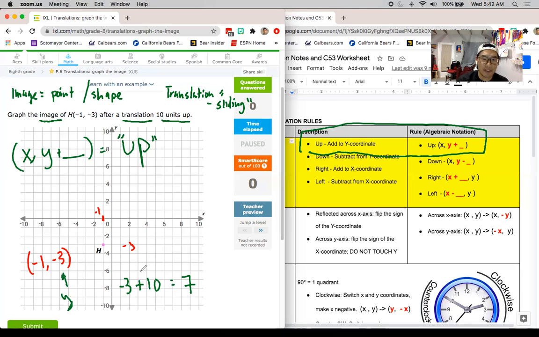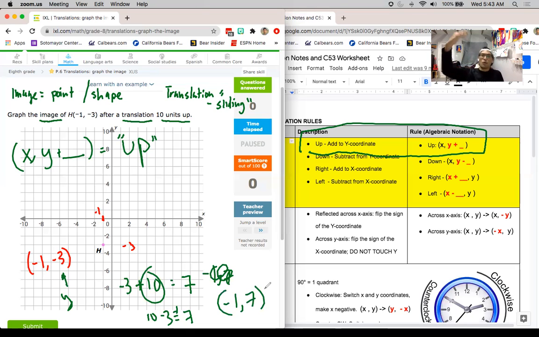So even though this is an addition problem, I just did 10 minus 3, I got 7. I know that the positive 10 is bigger than the -3, so I use the positive sign and I get positive 7. So my new coordinates are -1, comma, 7. That's the new coordinates of point H after a translation up.